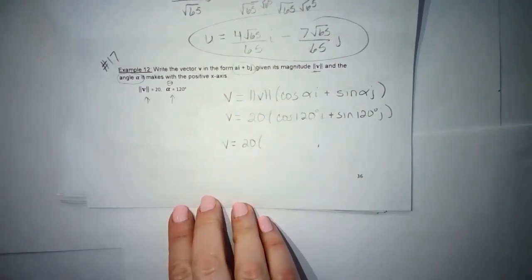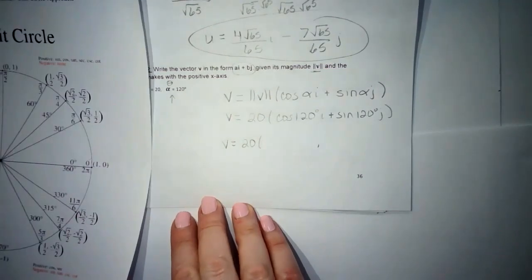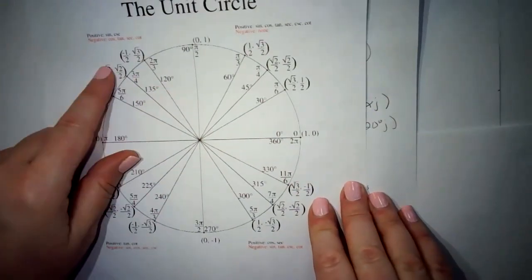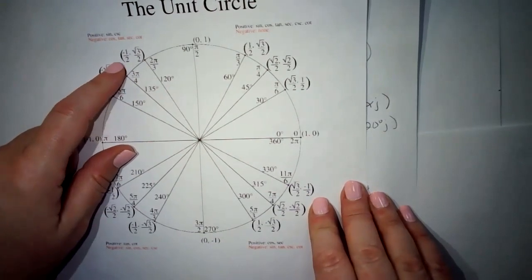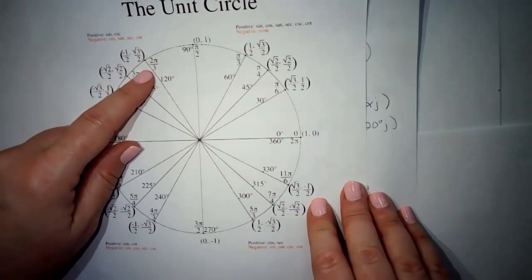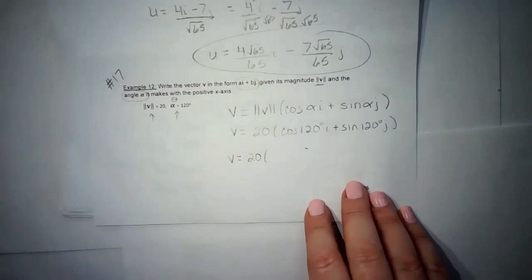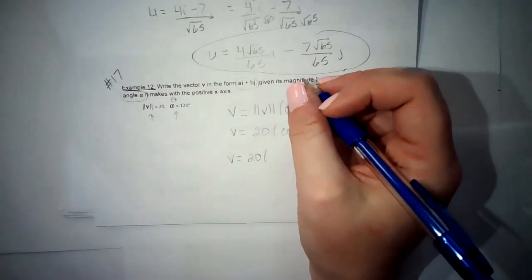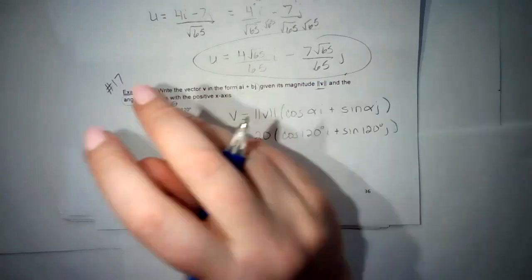Okay, I'm going to go to my unit circle. What is the cosine and what is the sine of 120? Well, here's 120. My cosine is negative 1/2 and my sine is root 3 over 2. So cosine of 120 is going to turn into negative 1/2 i.